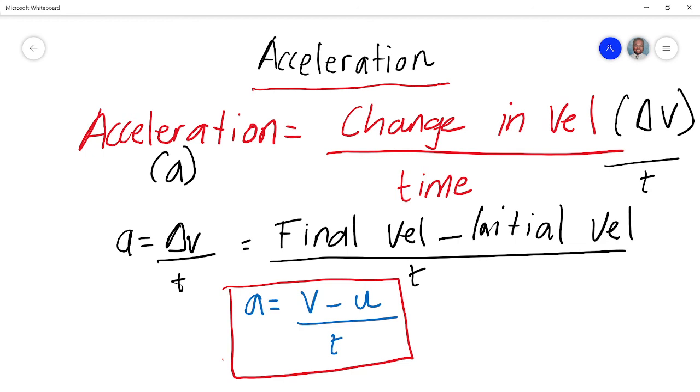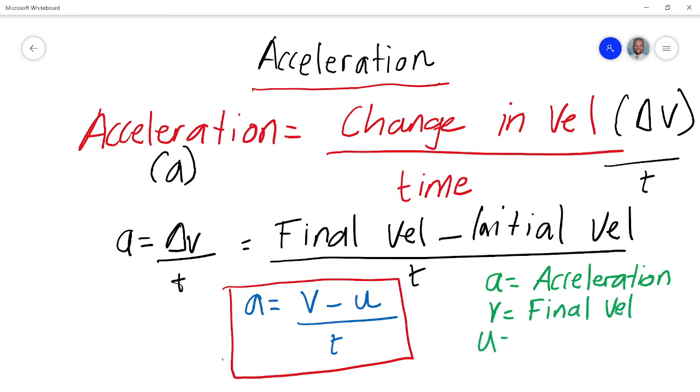As abbreviations, the small a stands for acceleration, v stands for final velocity, u stands for initial velocity, and t stands for time.